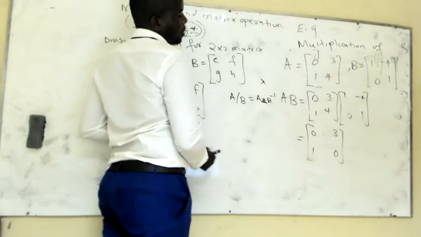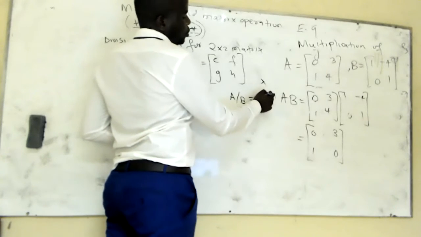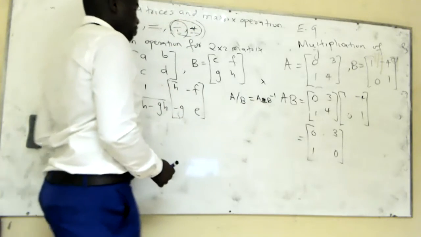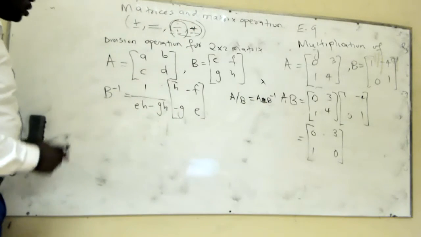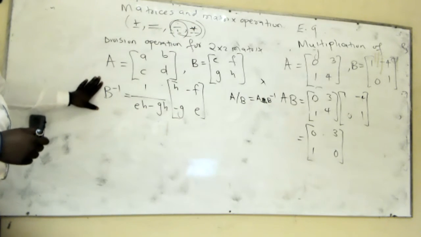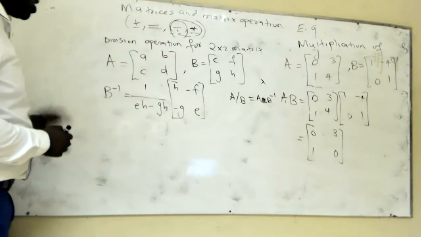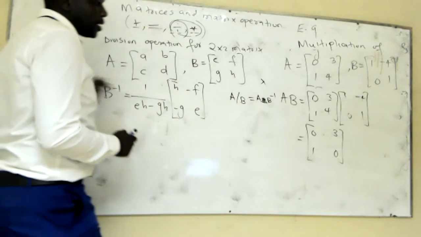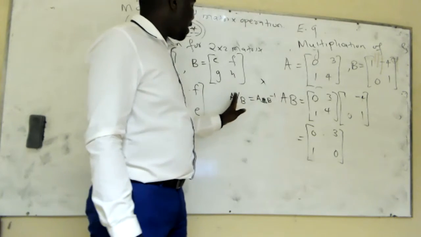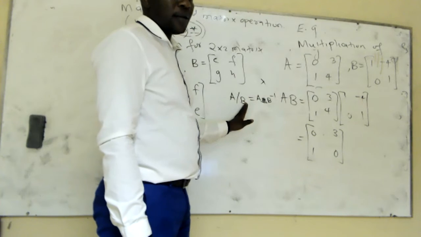It's not like a times sign, you need to write it sort of like a star, you see? Okay. So this is how you get the inverse of B. And after obtaining it, you can then multiply A and the inverse of B to obtain A divided by B.